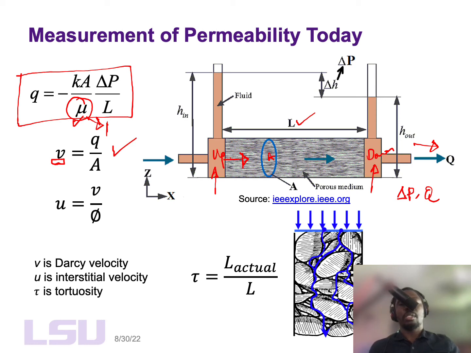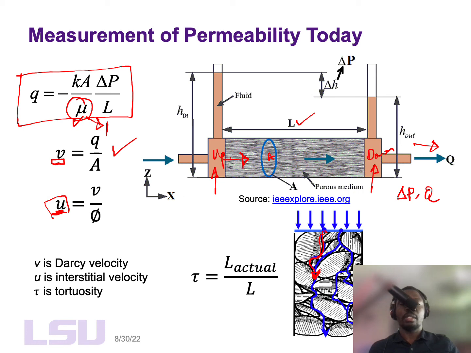And the reason we call it Darcy velocity is because it's different from what is called the interstitial velocity, which is actually the velocity of the fluid moving through the tortuous porous medium. So moving through the tortuous path, which is basically the interstices of the porous medium. So that's why it's called interstitial velocity.